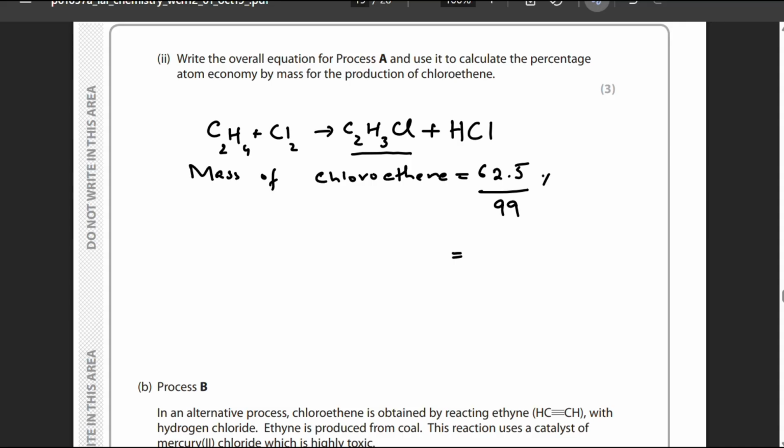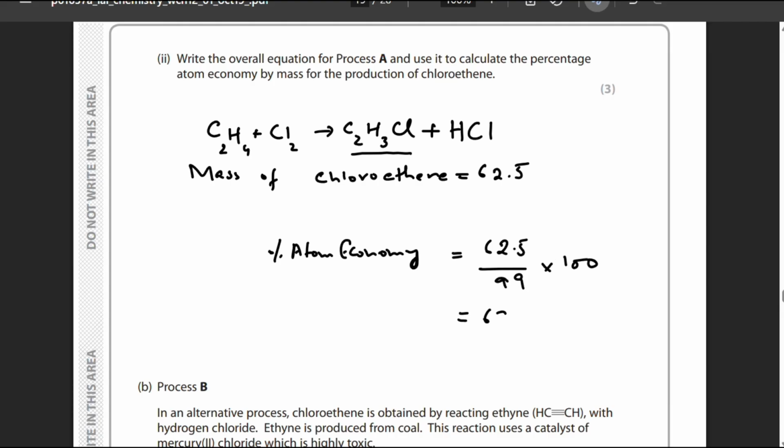And because you need to calculate the percentage atom economy, you will multiply this by 100. So the percentage atom economy is equal to 62.5 divided by 99 times 100, that is 63.1%.